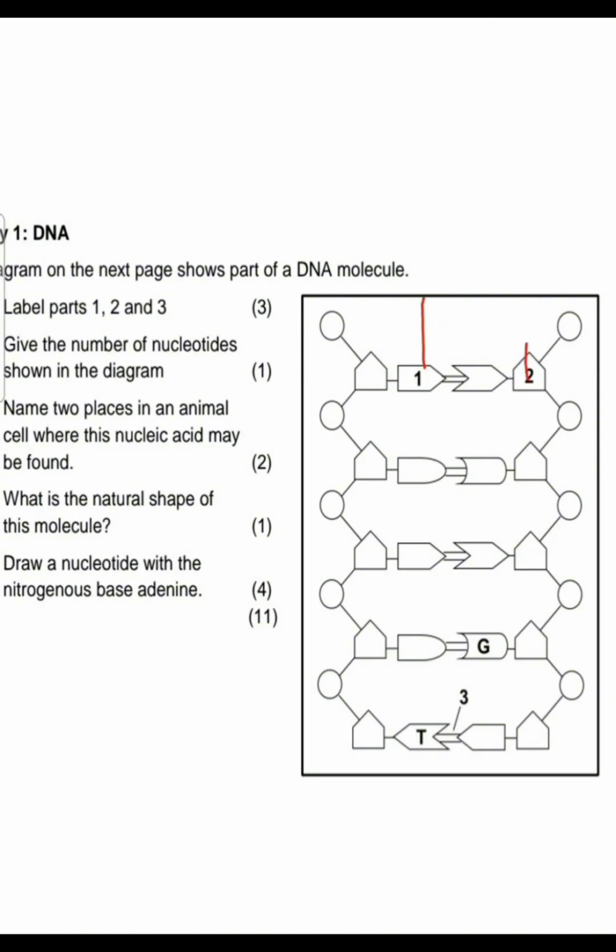Then part number 2, this is a sugar molecule, or you can say that it's deoxyribose sugar. Then number 3, all right. For number 3, they are not asking what this is, they're asking what this middle part is.